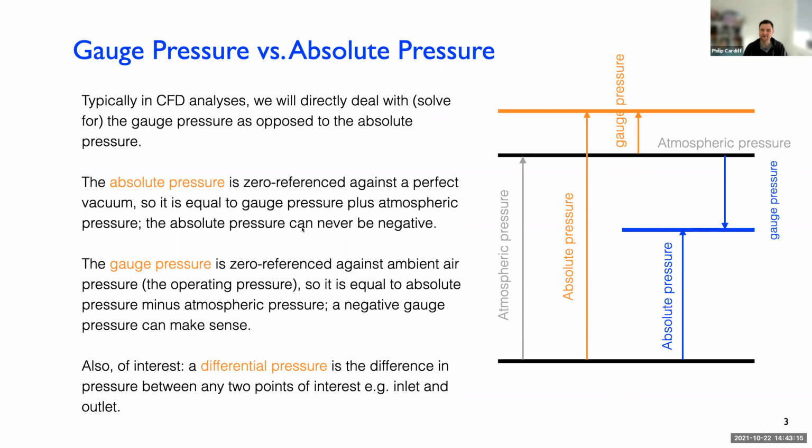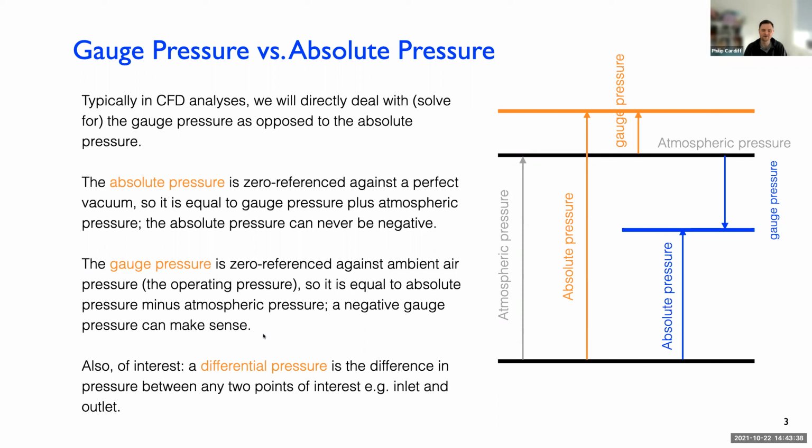So that can never be negative. Zero is the smallest it can be. Then there's gauge pressure, which is typically zeroed against the ambient air pressure or the atmospheric pressure. You can see atmospheric pressure is up here in terms of absolute pressure, that black line. So gauge pressure up to that orange line would be positive, but if it was down at this lower line, it would be negative. So gauge pressure can be positive and negative.